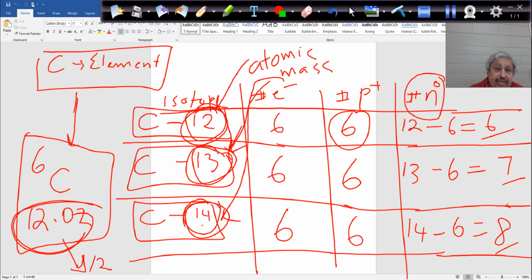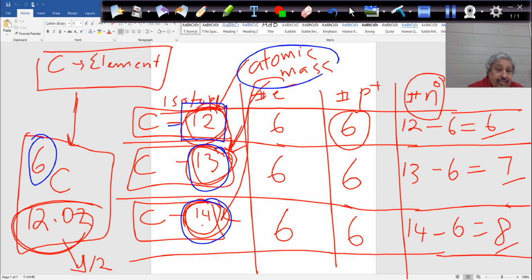The main thing here, we have to concentrate on the dash, which means the atomic mass. Those are atomic masses. And then you use whatever you have, atomic mass and atomic number.